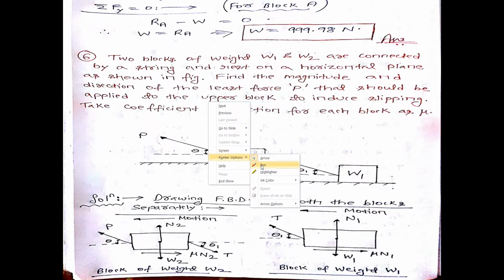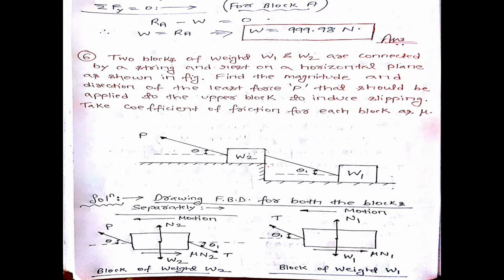So basically, two blocks are given, with weights W1 and W2 acting at the center of gravity of each block, and both blocks are kept on a rough horizontal plane.